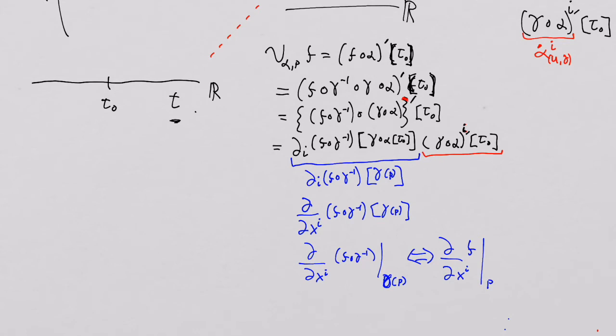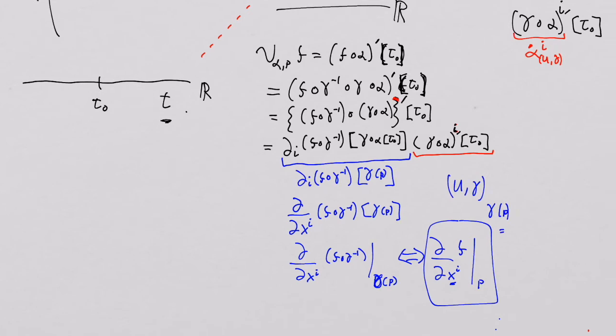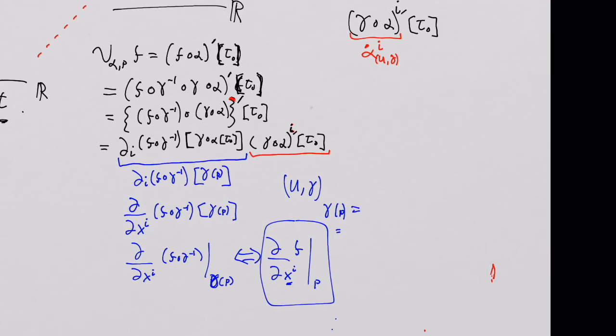But how do I know that I'm talking about this relative to the chart u gamma? Well, the only thing that hints at it here is these x's. And I've defined u gamma of some point p to equal x1 of p, x2 of p, dot, dot, dot, xd of p.